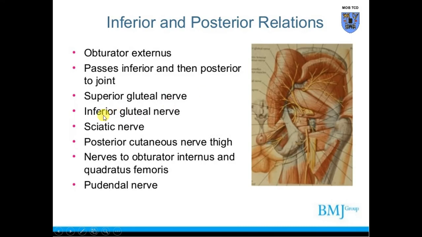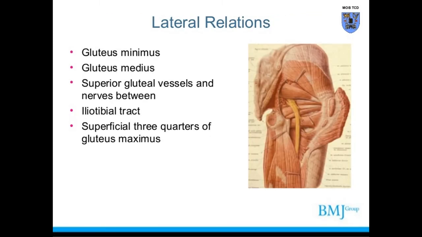Superior gluteal artery, inferior gluteal artery, sciatic nerve, posterior cutaneous nerve of thigh, nerve to obturator internus, quadratus femoris, and pudendal nerve are all lying posterior to the hip joint, inferior and posterior.